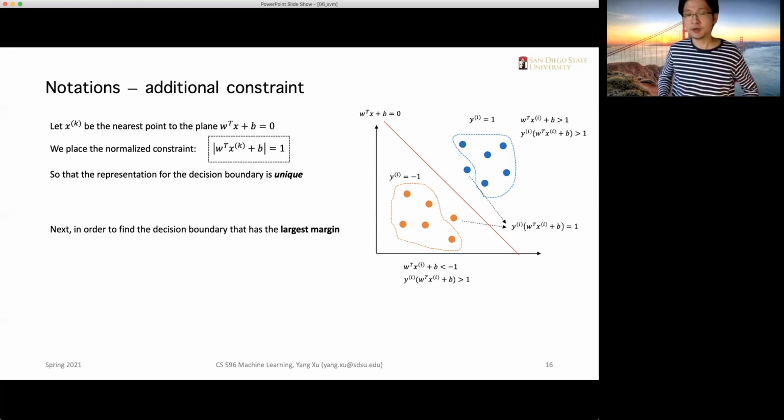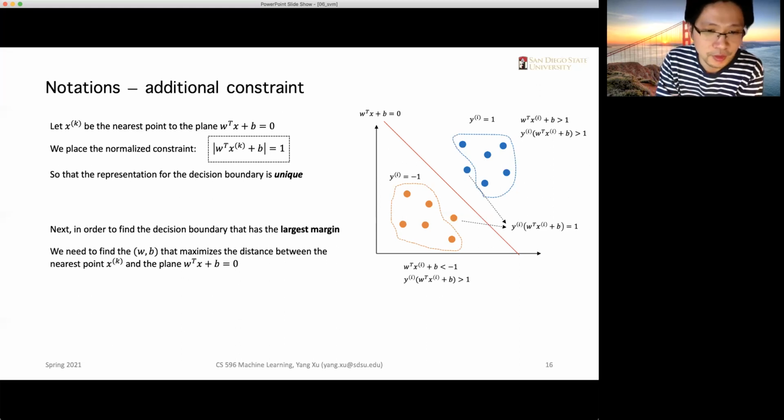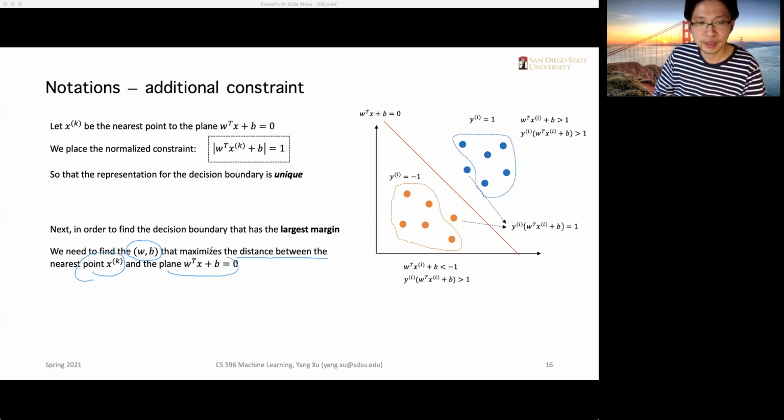So in order to find the boundary that maximizes the margin, we need to find the parameters W and b that maximize the distance between the nearest points and the plane. So it's a geometric problem now. We want to find the plane that maximizes the margin from the decision boundary to the 2 nearest points here.